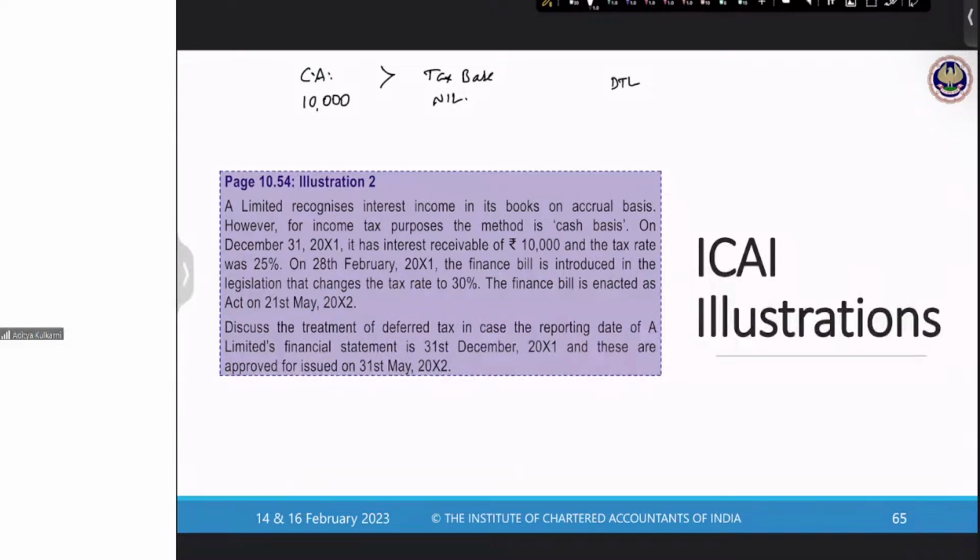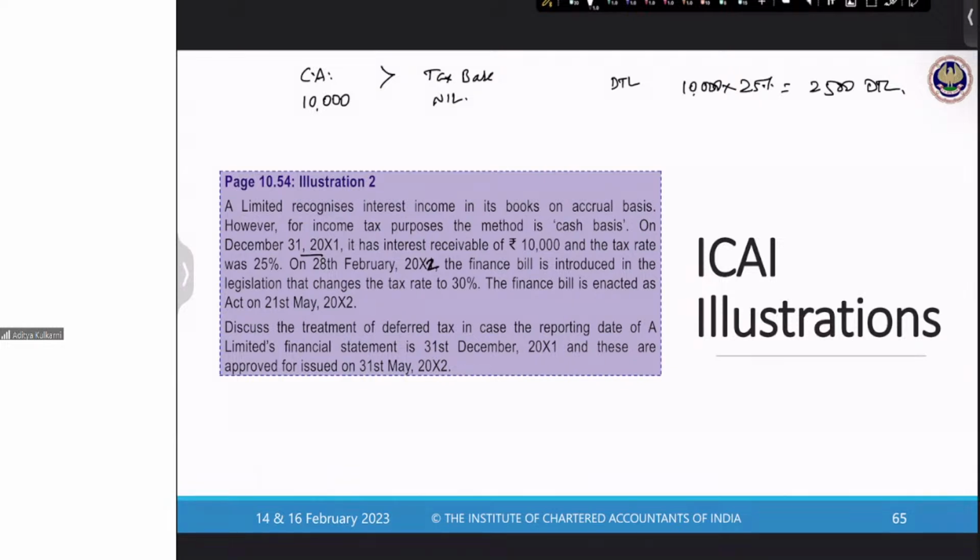So as on 31st December 20X1, 10,000 into 25%, ideally my DTL should have been 2,500. Now on 28th February 20X2, the finance bill is introduced in the legislation that changes the tax rate to 30%.